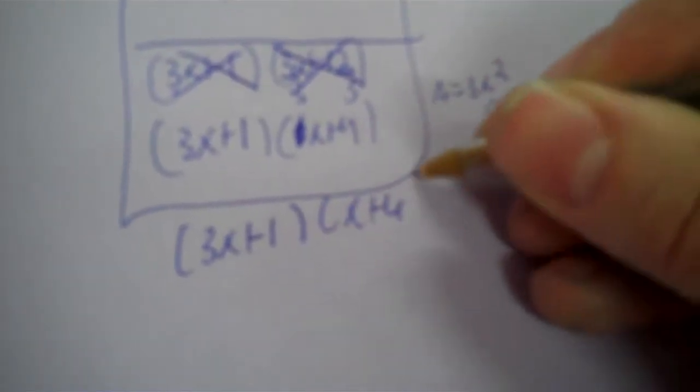So divide by 3, and that's 1x plus 4. So 3x plus 1 comes down here, and then I'd prefer you cross the 1 out that's in front of the x, okay? So this becomes this. So cross that out and replace it with your 3x plus 1 and x plus 4.